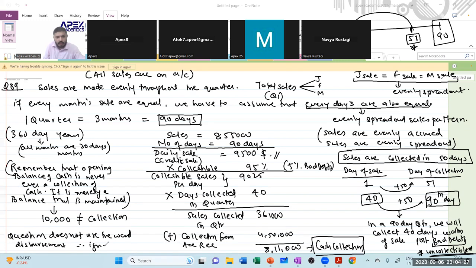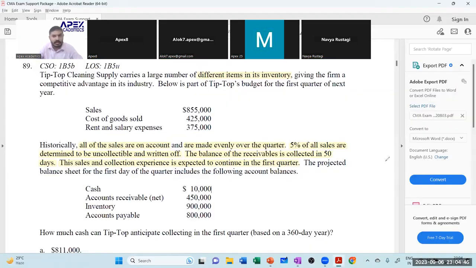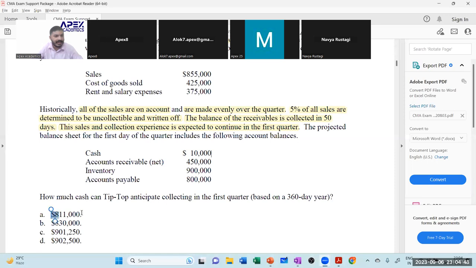Therefore, you can ignore payment made to creditors or payables. You only have to consider 8,11,000. And that is why your answer over here will be 811.